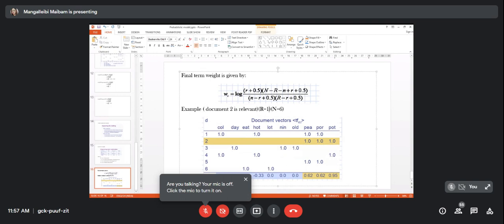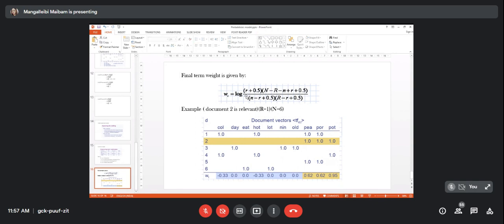Now small r is nothing but the frequency in the relevant document. So when you calculate for P, this r will be 1 because the frequency in the relevant document is 1. It occurs only one time.